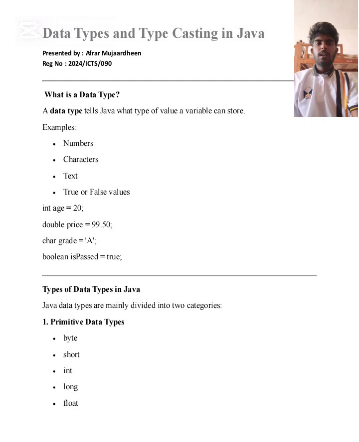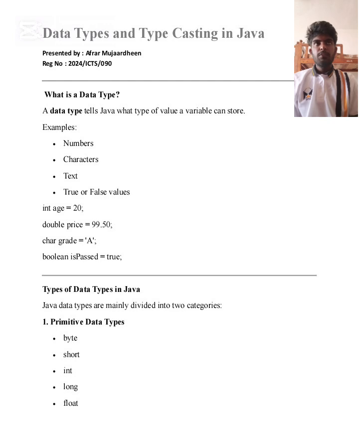First, let's understand what a data type is. A data type tells Java what type of value a variable can store. For example, a program may need to store a number, a character, some text, or a true or false value.